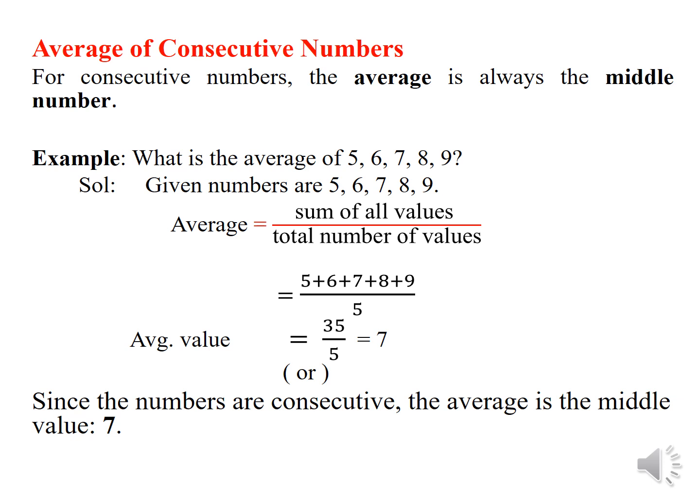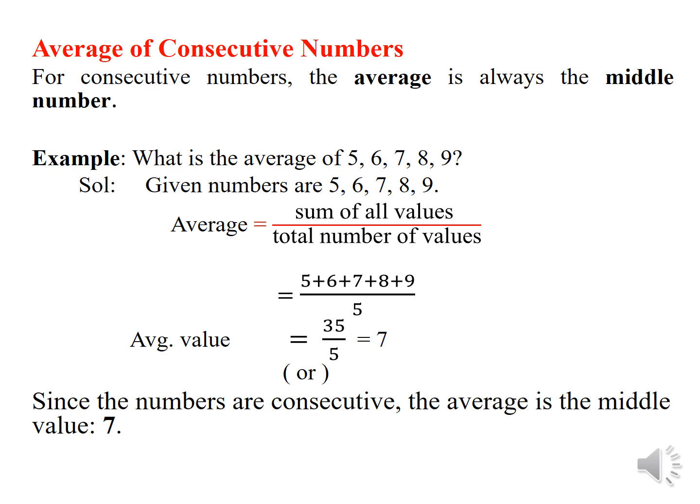Look at the solution. First write down the given numbers as they are, and according to the formula of average, the sum of all values divided by the total number of values, add all the 5 values given in the question, 5 plus 6 plus 7 plus 8 plus 9, and divide by the total number of values, which is 5. After adding all the 5 numbers, we got 35 divided by 5.